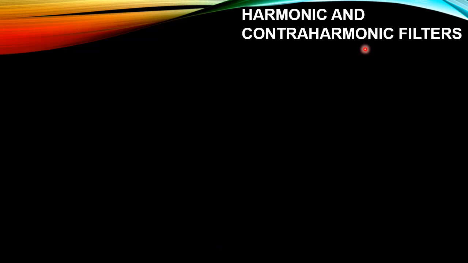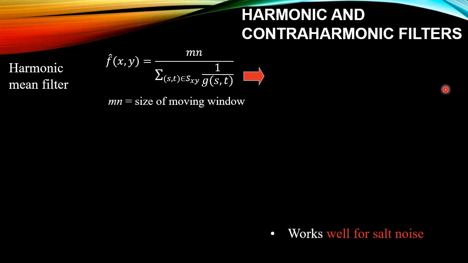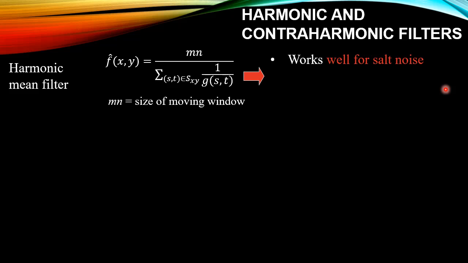The next types of mean filters we are going to learn are the harmonic and contra harmonic filters. The harmonic mean filter is given by this equation: f cap of (x,y) equal to mn divided by the summation of 1 by g(s,t), where mn is the size of the moving window, which can be 3 cross 3 or 5 cross 5. This harmonic mean filter works well for salt noise.